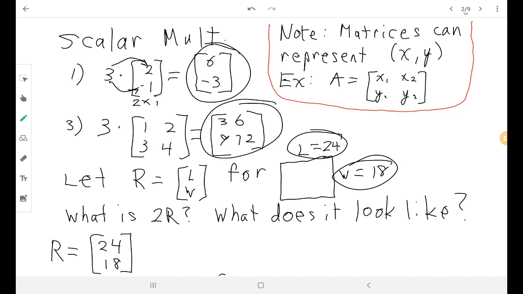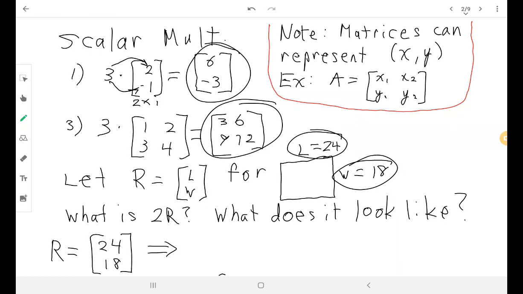Matrices are used in computer programming. You might notice this stuff looks a lot like spreadsheets, and that's no coincidence. Spreadsheets are versions of matrices, okay? So the question then is, what is 2 times R?